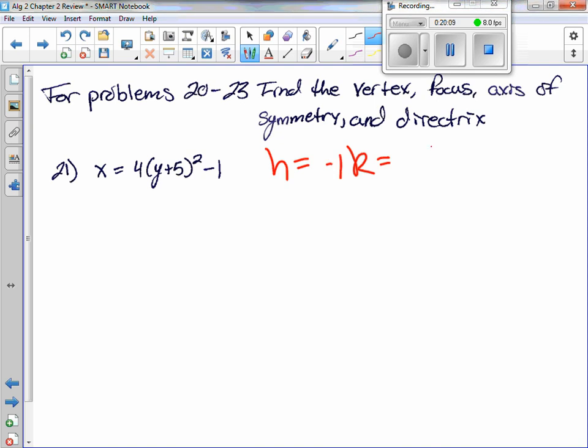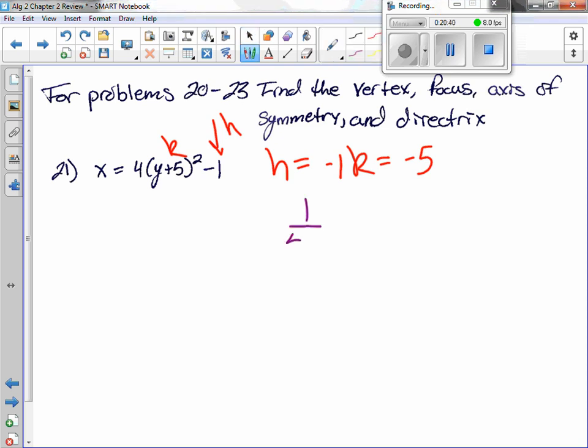The value of k is, when it's x equals, h and k have flipped. H is not inside the parentheses anymore. It's outside. So we have to pay attention to that. Here is h. Here is k. Because for this equation, k is inside the parentheses, h is outside. So we have to pay attention to what equation is given.